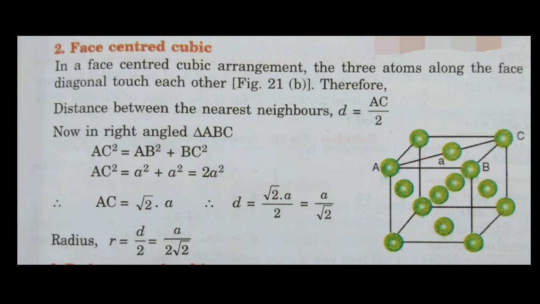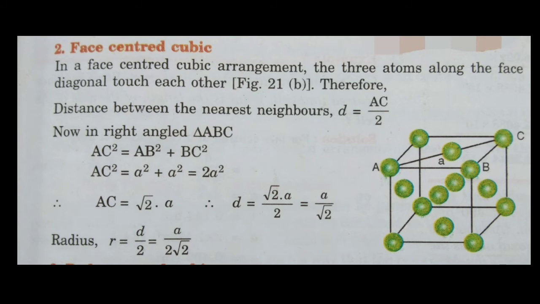Then d is the half portion of AC, where the center atom is divided into two equal parts, and all these three atoms are in contact, where the center point of the atom at point C and the center point of the atom which is present between A and C are in contact with each other, and therefore they give the radius of the two atoms.